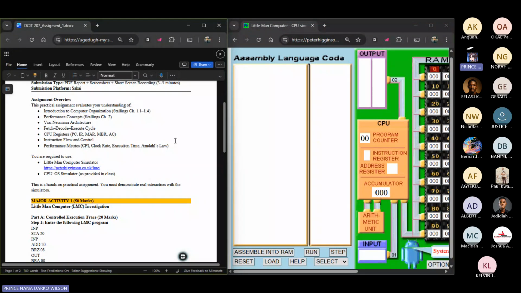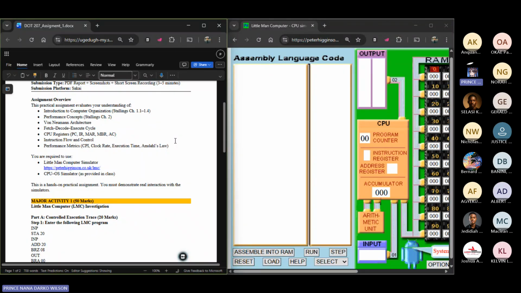Right. Okay. Let's dive right into it. So the assignment overview says it is evaluating how much you understand from your readings of the first few chapters, between chapter 1.1 and 1.4 of the Stallings manual, and then the performance concepts in chapter 2 of the same Stallings manual.